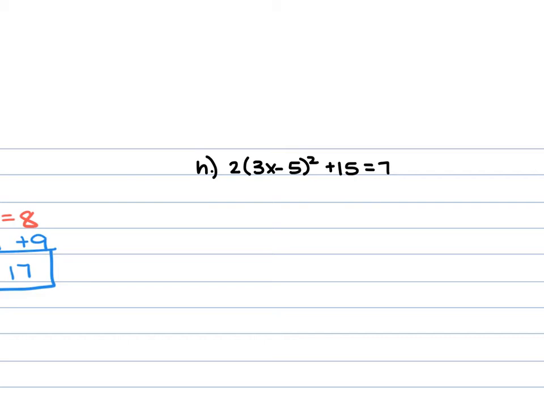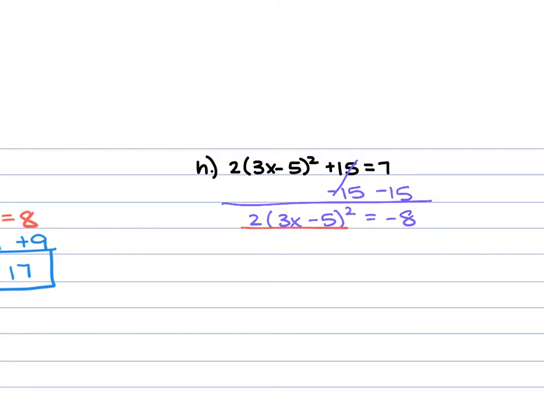For H, we have 2 times 3x minus 5 squared plus 15 is equal to 7. So again, we want to undo addition or subtraction before we undo multiplication or division. So with 15, we're going to subtract it from each side to get 2 times 3x minus 5 squared is equal to negative 8.